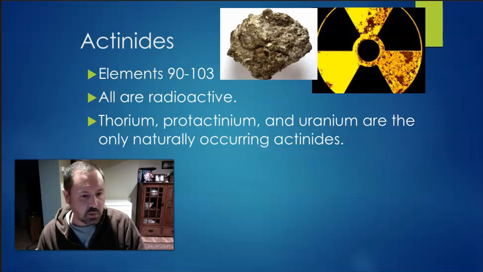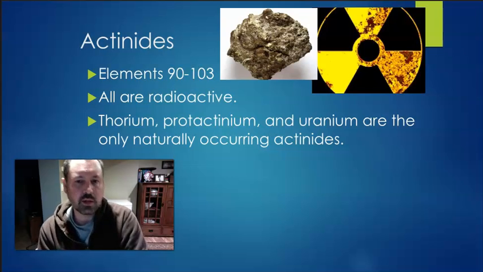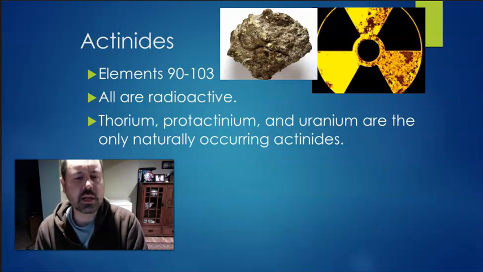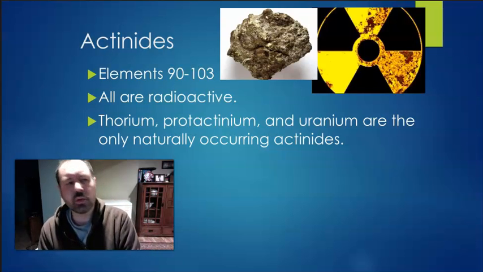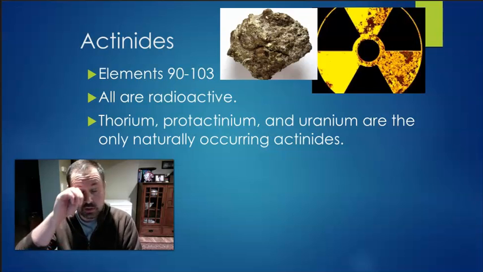Thorium, protactinium, and uranium are the only naturally occurring actinides. So you're probably thinking, well, where did the other ones come from? The other ones are a byproduct of nuclear radiation. They're a byproduct of nuclear processes. So could you on Earth find most of the actinides?